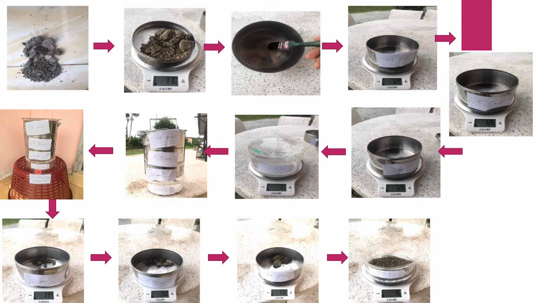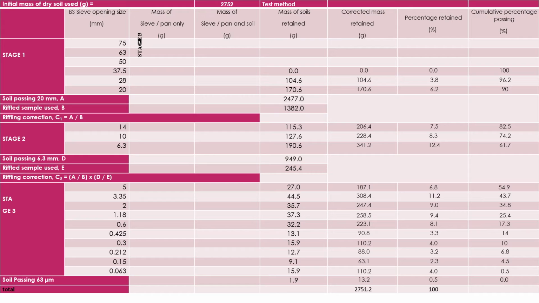After the experiment is done, we need to remove each sieve and weigh it to get the mass of the retained soil. This is the picture of the retained soil that I weighed. This is the expected data that I obtained for this experiment.